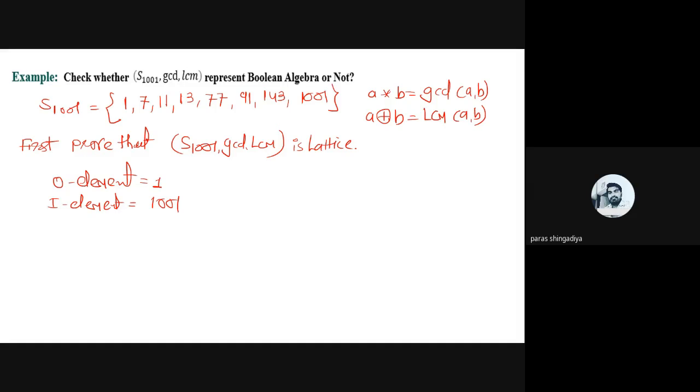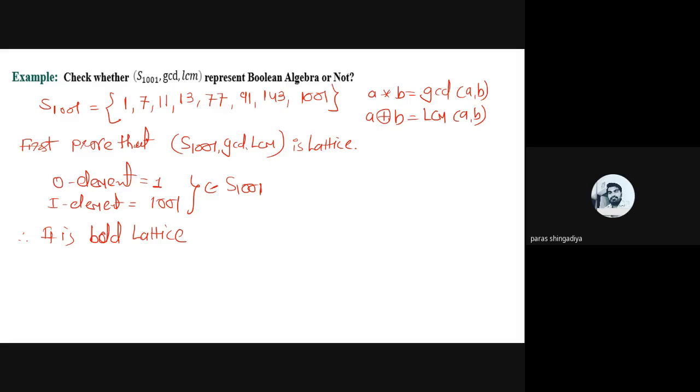Both numbers exist, 1 and 1001, and they belong to S1001. Clear? दोनों सेट के अंदर ही हैं, so we can say it is a bounded lattice. आप इसको क्या बोल सकते हो? It is a bounded lattice. Okay, why? Because 0 और I element exist हो रहे हैं, and they are part of the given set.